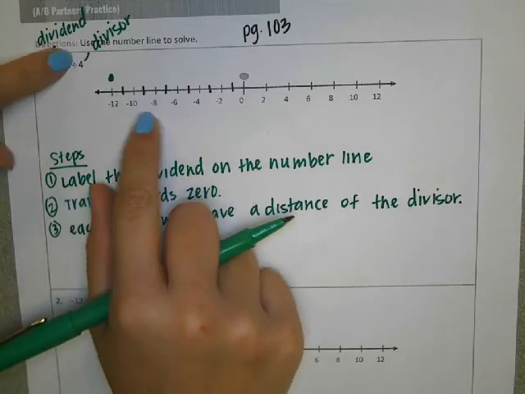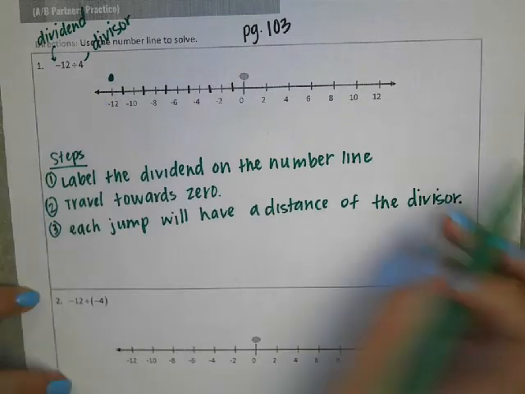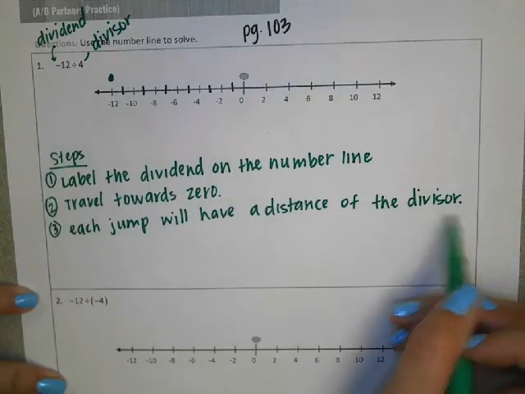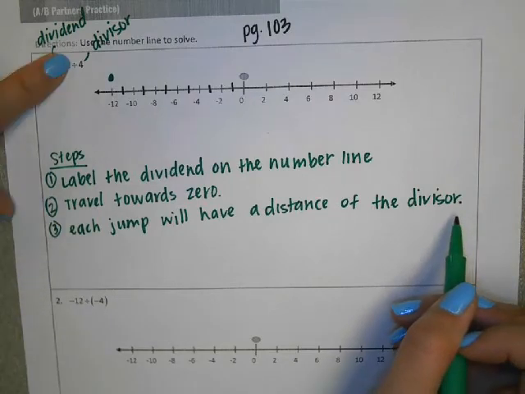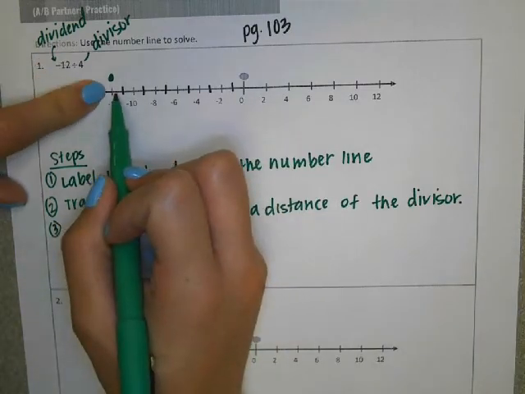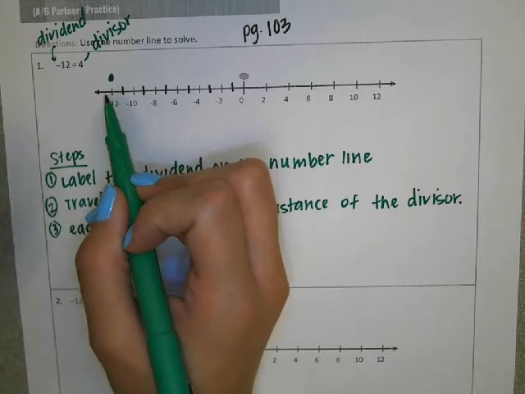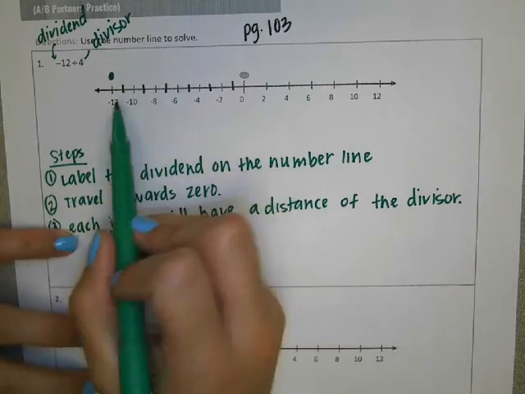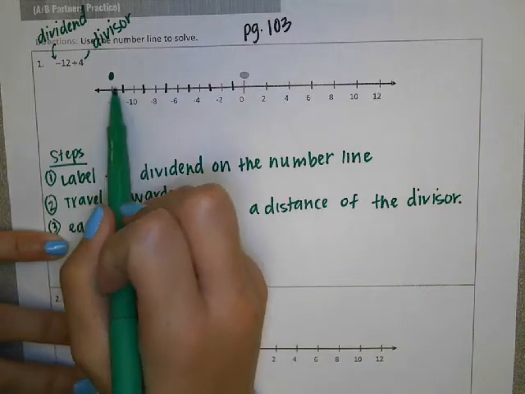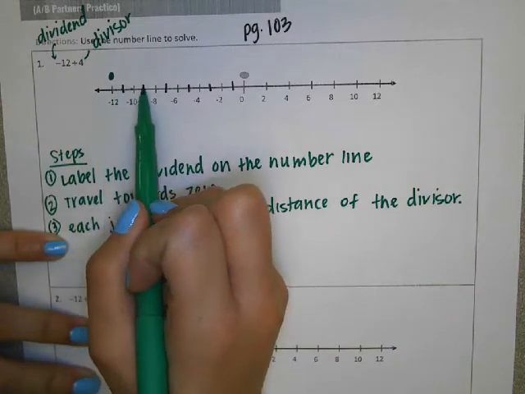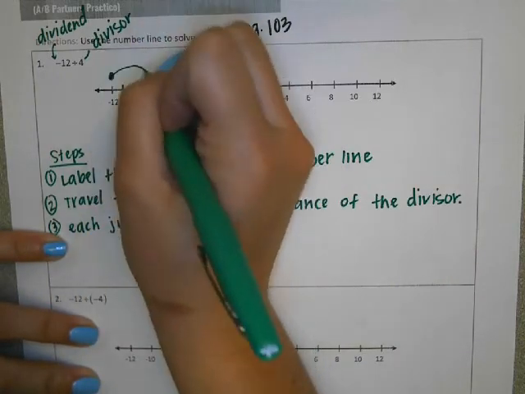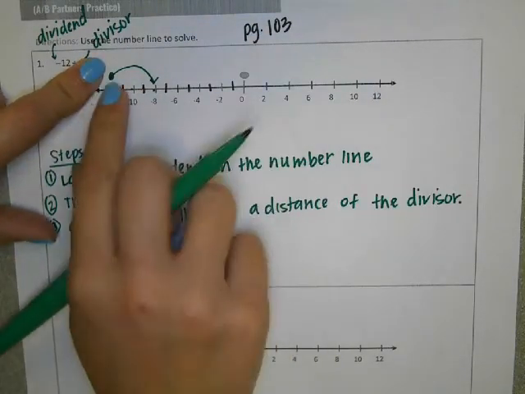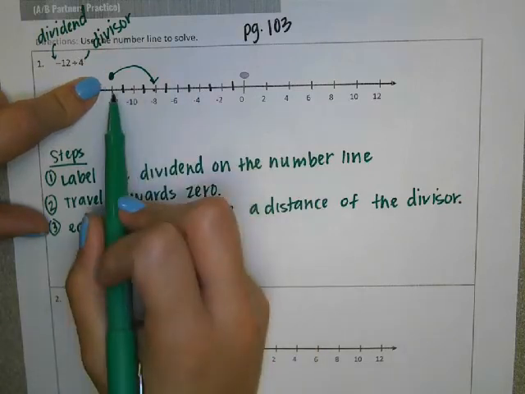So it's going to have a distance of 4. So because 4 is my divisor, right? We'll have a distance of the divisor. So looking at 4, I'm going to travel 4 steps, or a distance of 4, and we're going towards 0. So 1, 2, 3, 4. So here's one jump. Okay, do we see that? There's one jump, and it had a distance of 4.